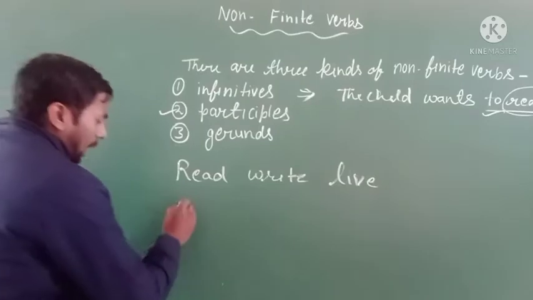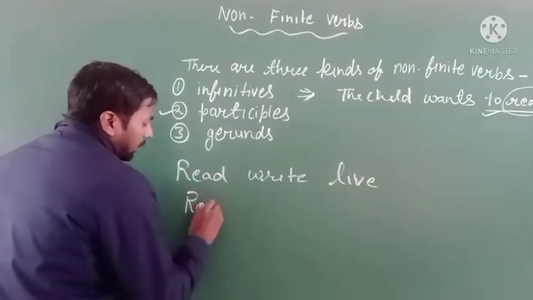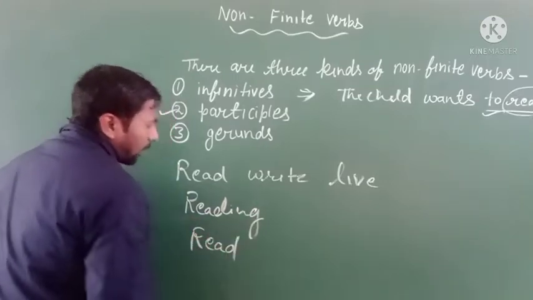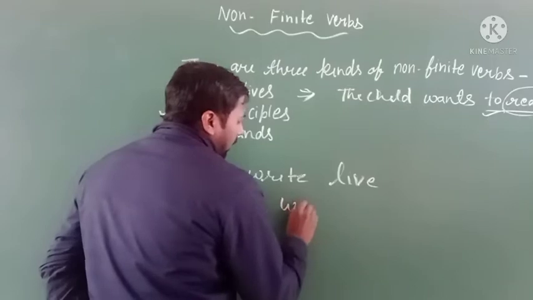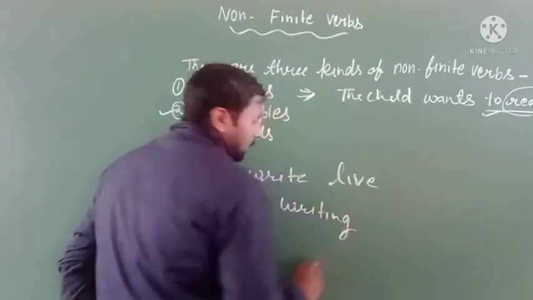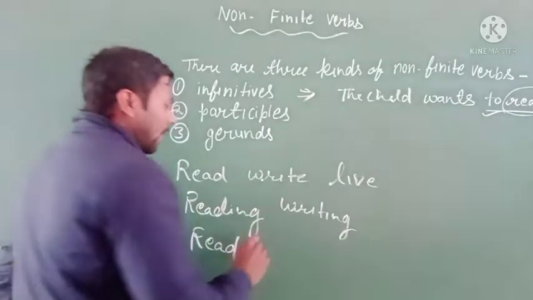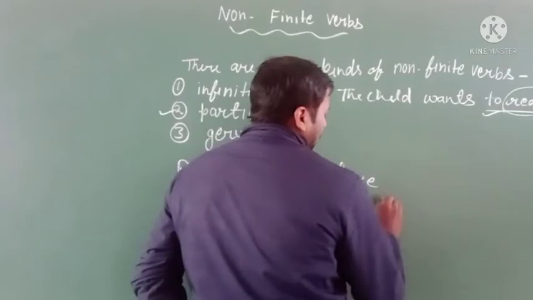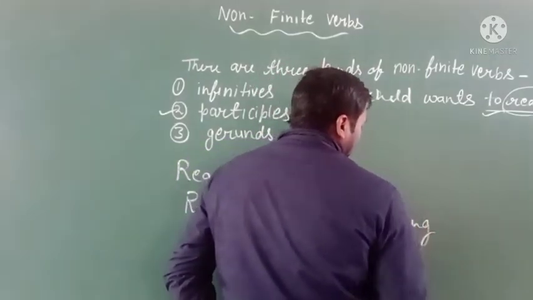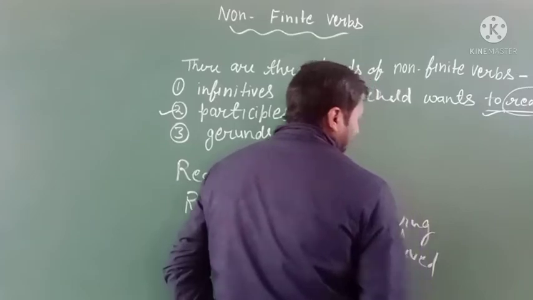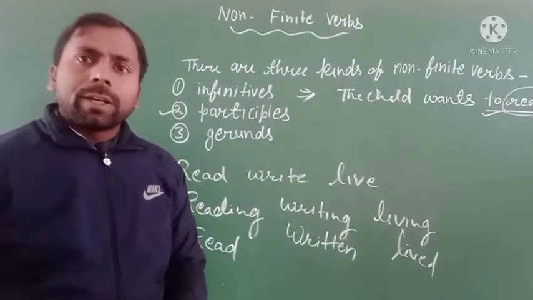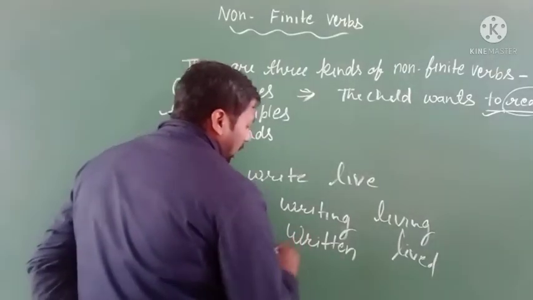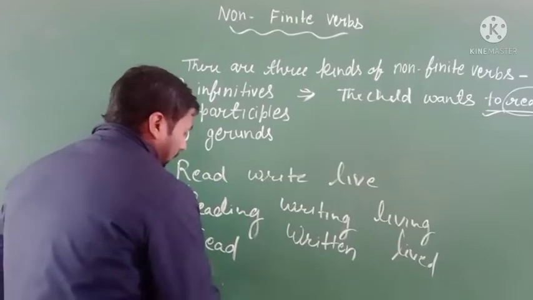Read will be reading and read, write will be writing and written, live will be living. This is the form of the participle.